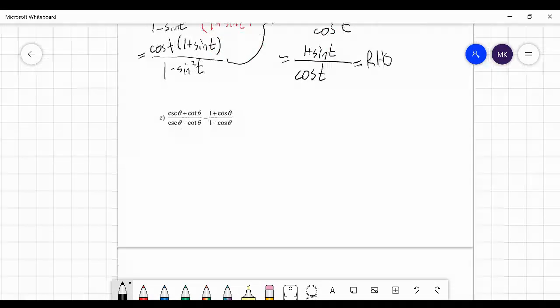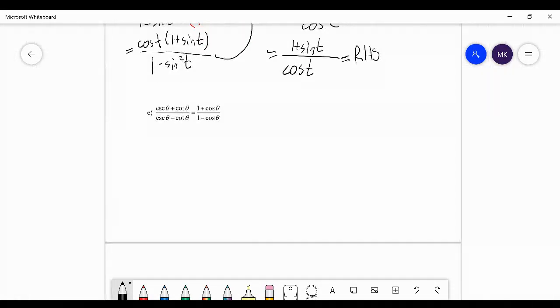So let's look down here, part E. It seems like it's going to be really scary and big, but it's really not too bad. So I have cosecant theta plus cotangent theta over cosecant theta minus cotangent theta. Well, let's just start by getting these written in sines and cosines.